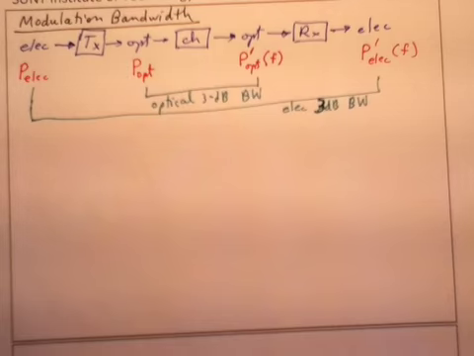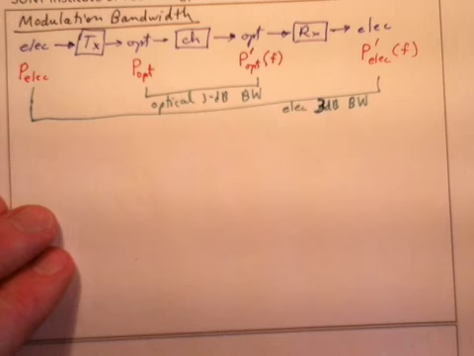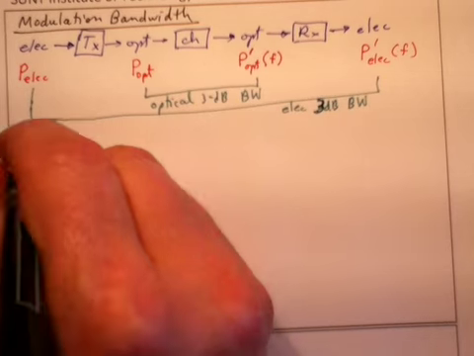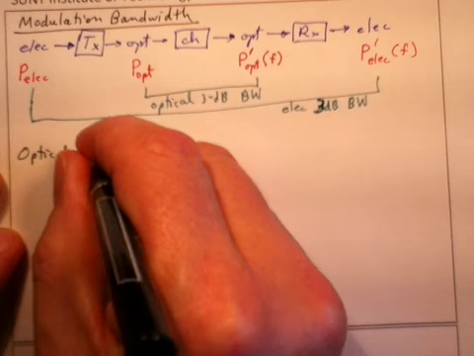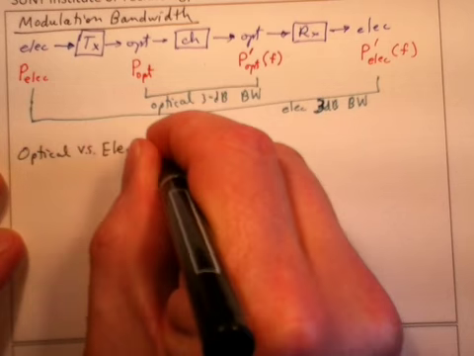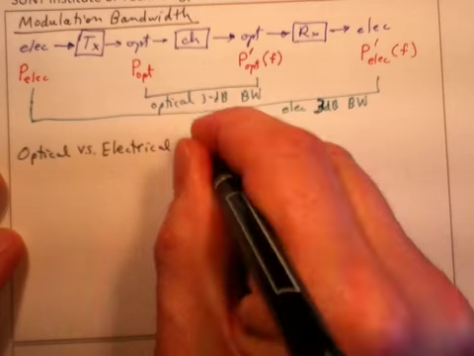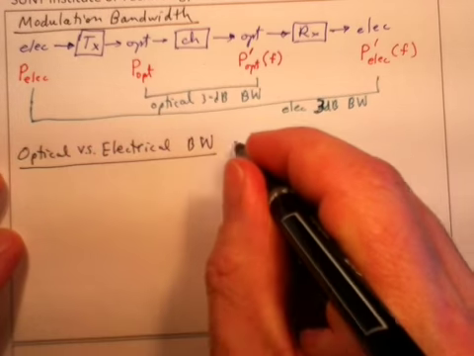And we can define those as follows. So optical versus electrical bandwidth is what we've got here.